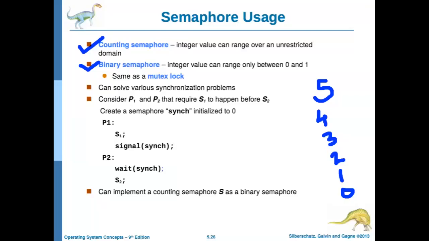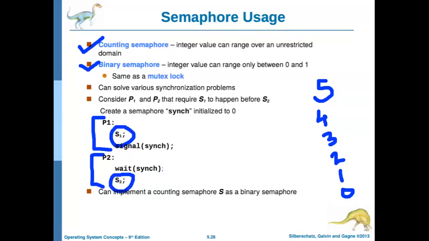A very, very simple synchronization problem is given here. For example, in this diagram, there is one process P1 and another process P2. Process P1 executes some statement S1 and P2 executes some statement S2. Now suppose my requirement is to synchronize the execution of S1 and S2.